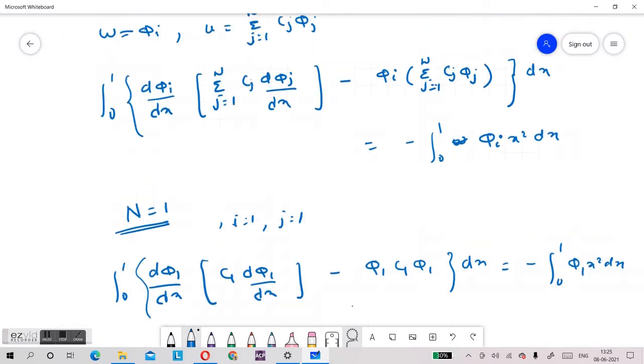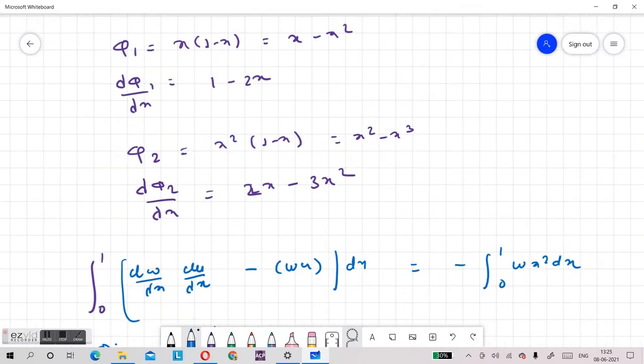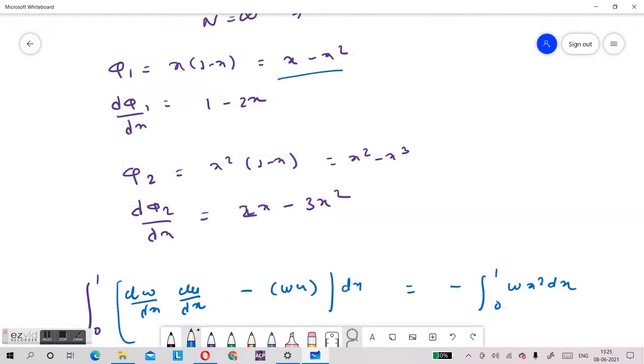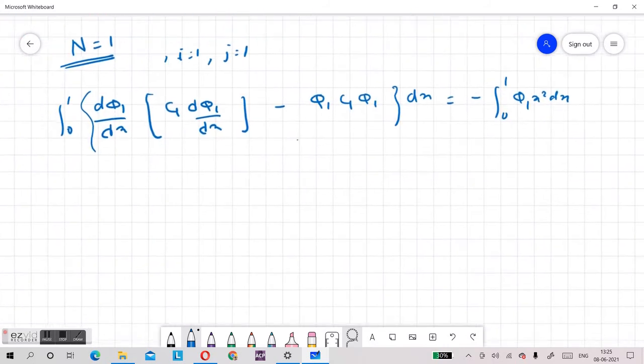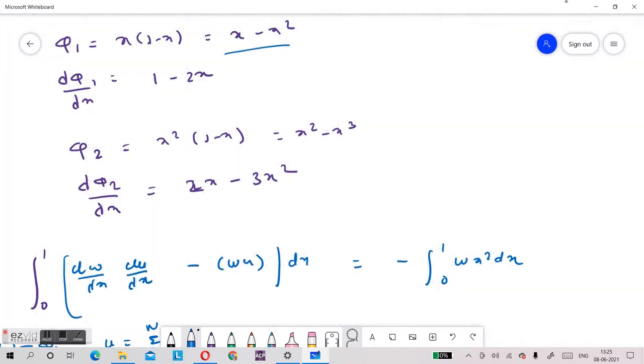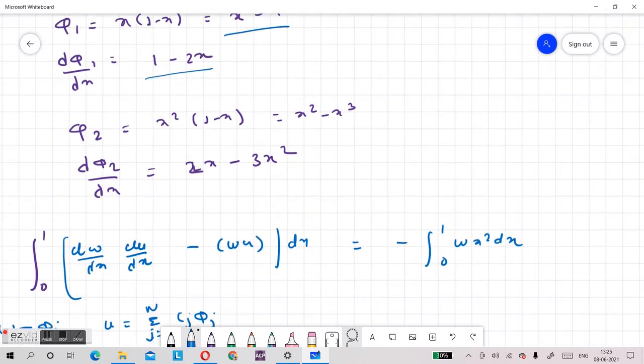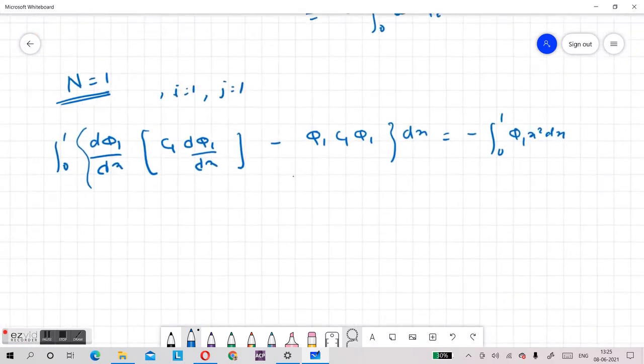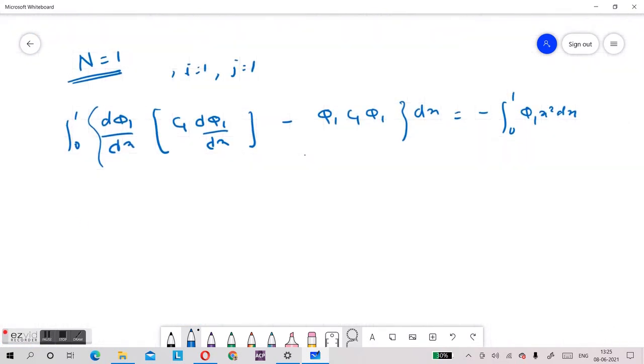Phi 1 is x minus x square, and d phi 1 over dx is 1 minus 2x. So we will use this 1 minus 2x. This is from 0 to 1. This c1 we took out common.